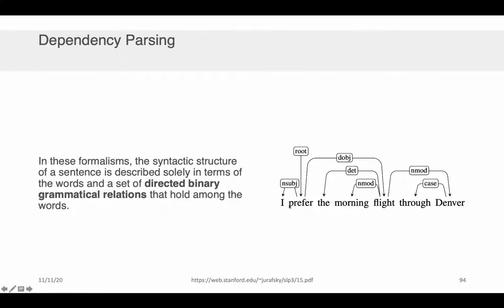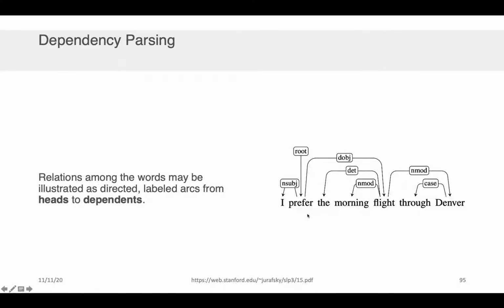That is to say, there's no parse tree here anymore, right? I just have, in this case, 6 words. These 6 words can have an arrow from one word to the other. And anytime I draw an arrow from one word to another, I have to specify what the relationship is between those 2 words, or why I'm drawing that arrow.